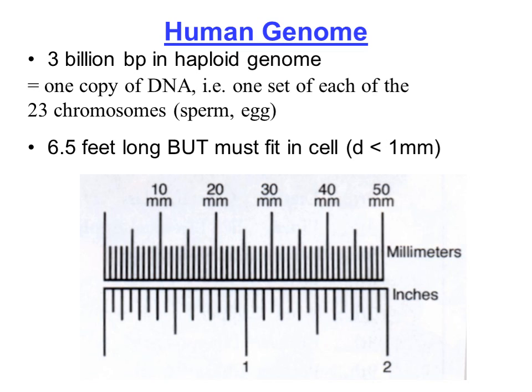So we actually have 6 billion base pairs in each cell. And if you were to stretch that out end to end, that would be 6.5 feet of DNA that has to fit into a cell that's less than 1 millimeter in diameter.